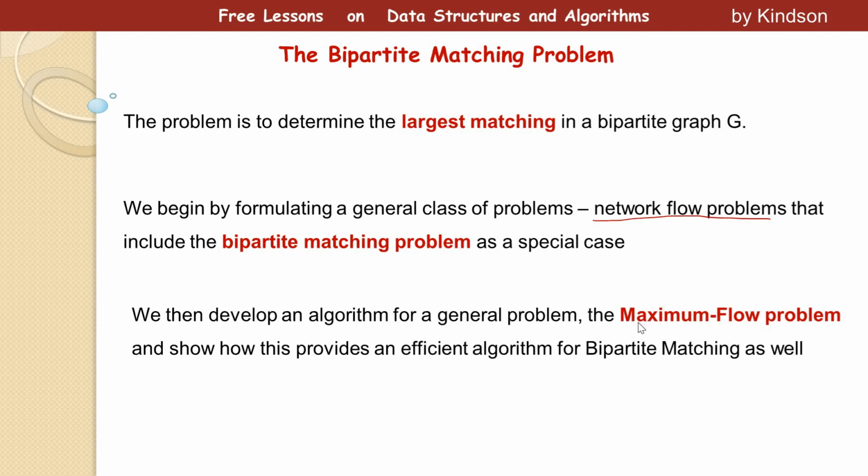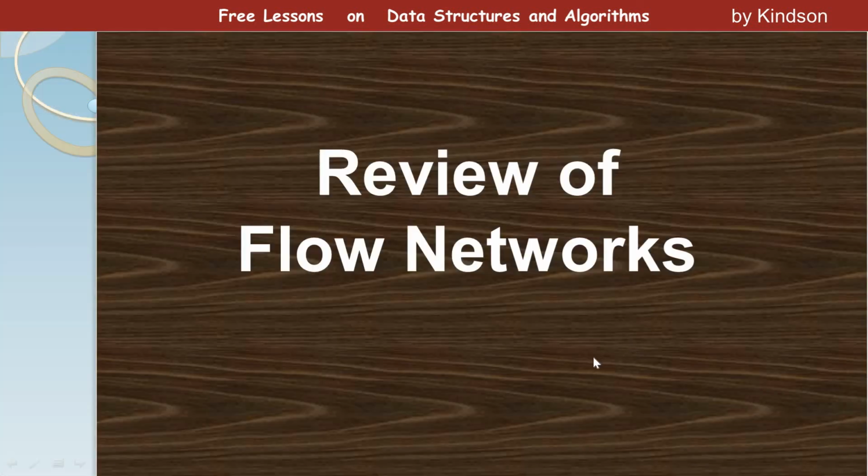That is what we are going to discuss in the next presentation and show how this provides an efficient algorithm for bipartite matching. If we are going to solve the bipartite matching problem, we first need to understand the maximum flow problem and of course flow network problem. And then we have bipartite matching as a subset of the maximum flow problem. So the next thing we are going to do is to review flow network. I'm going to stop here and we continue in the next video.